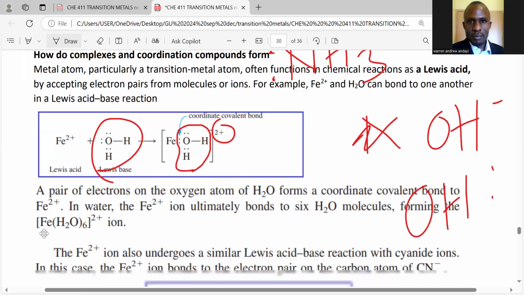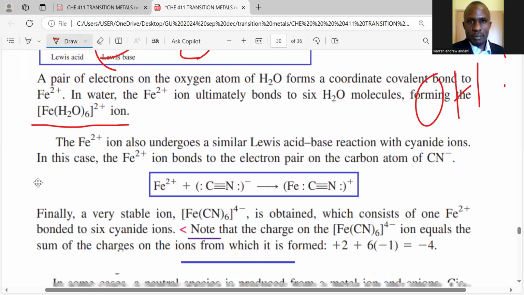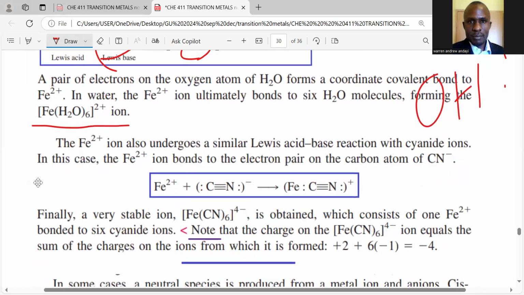And 6 of them will ultimately bond on water, okay? And we shall see later that transition metals can accommodate as many molecules around it, okay? And most transition metals can accommodate up to 6 molecules, and we call this coordination number.